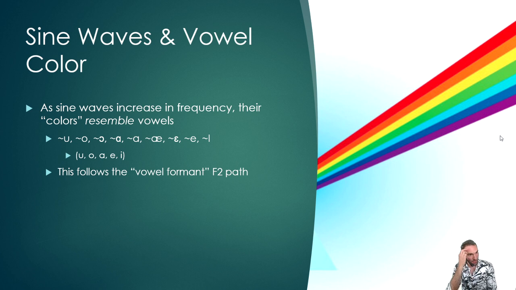We talked about this already, but essentially, the new information on the slide is how these vowel colors follow the second formant path, right? So remember that oo, o, ah, a, e is the increasing of the second formant, and that's partially why we call it the vowel formant.